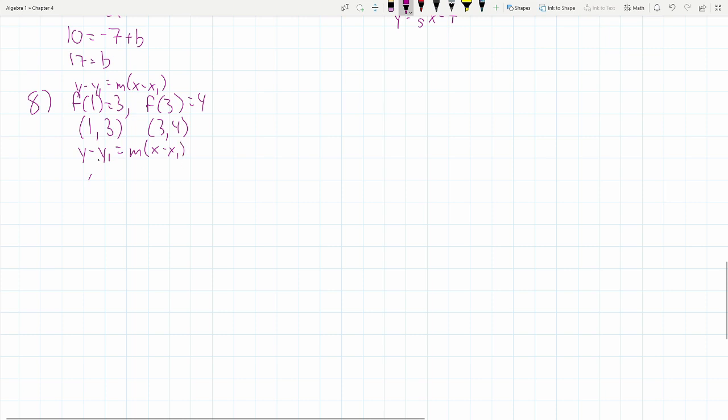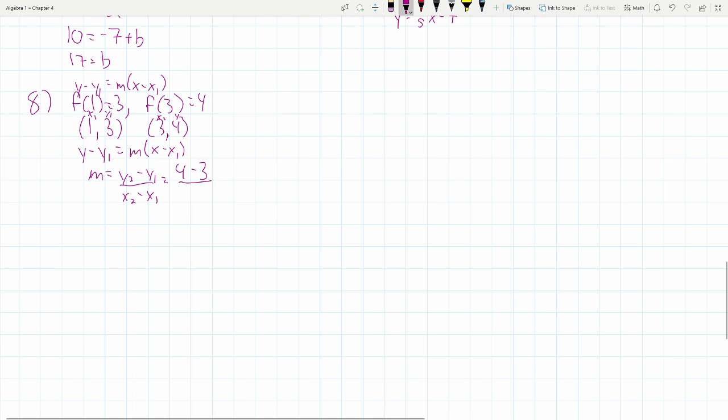Okay, now that I know that, I need to figure out what my slope is. So that's y2 minus y1 over x2 minus x1. I can name these however I want. I'm just going to call this x1, y1, x2, y2. So my y2 is 4 minus my y1, which is 3.